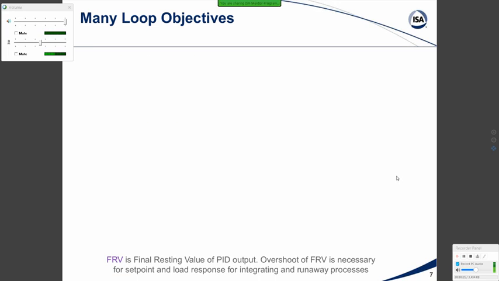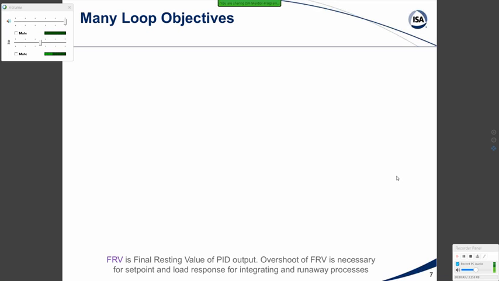There are many loop objectives, and one of the things that I became very aware of is that in Hydrocarbon Processing, someone maintained, and this was the problem I had with the article, that the only objective in tuning loops was to make sure you did not overshoot the final resting value of the PID output.